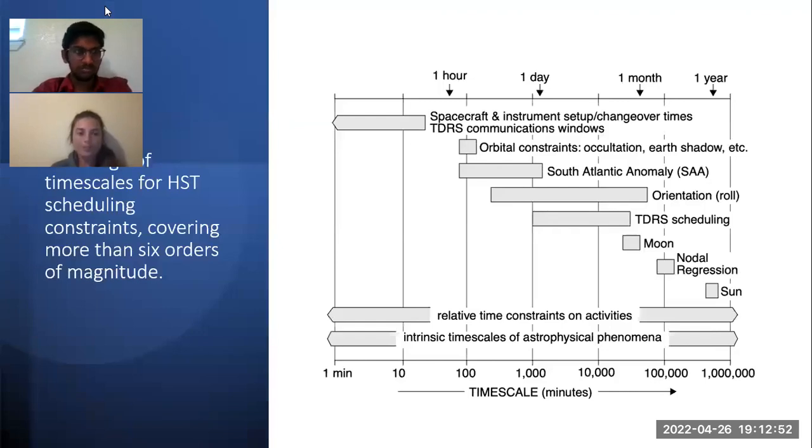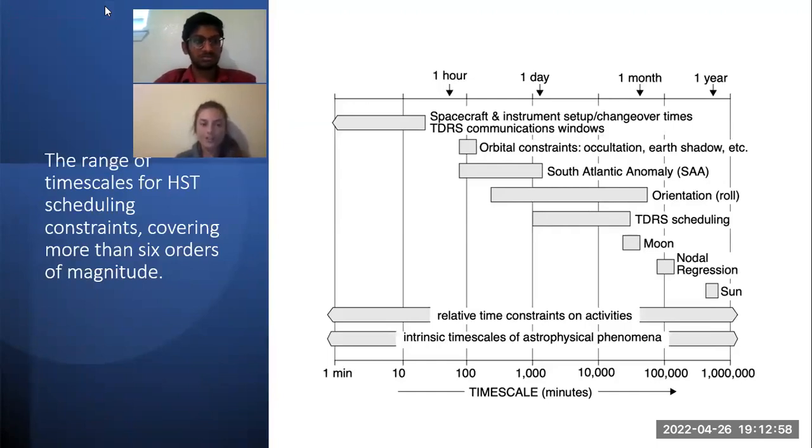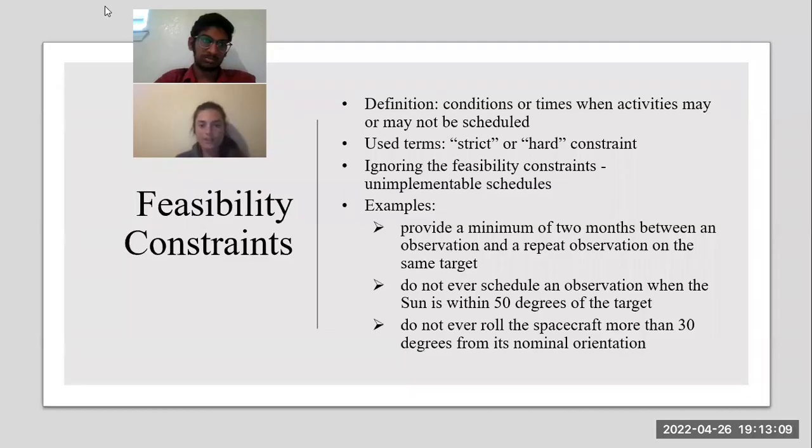This slide shows the range of timescales for HST scheduling constraints, covering more than 6 orders of magnitude. Okay, let's go to the next one.